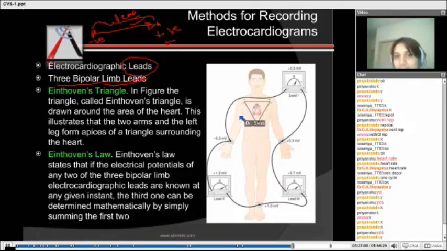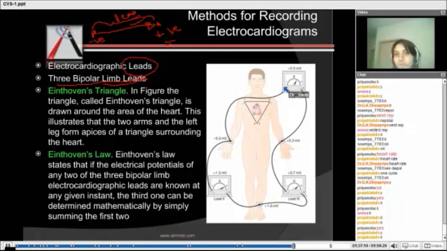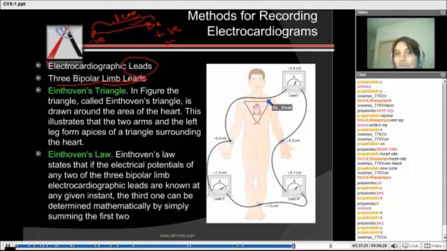Your right arm is the negative electrode and left leg is the positive. So that is lead 2. Right? Then your lead 3 is from your left arm to left leg. If you remember, your left arm, which was a positive electrode in lead 1, becomes a negative electrode in lead 3. Are you able to get me there?